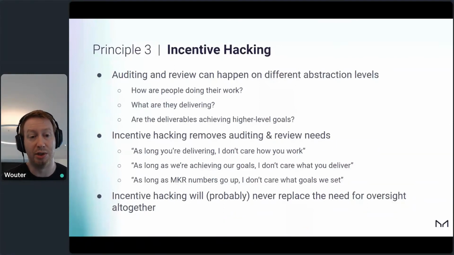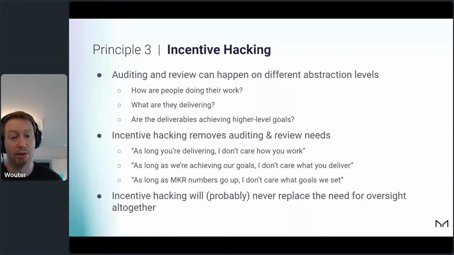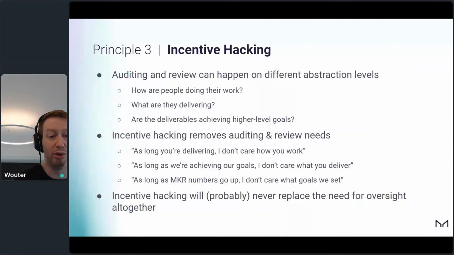So if there are these strategic initiatives, as a delegate, for example, maybe there is no need to look into the deliverables of the individual core units if you can just verify that the higher level goals of the initiatives are being met.